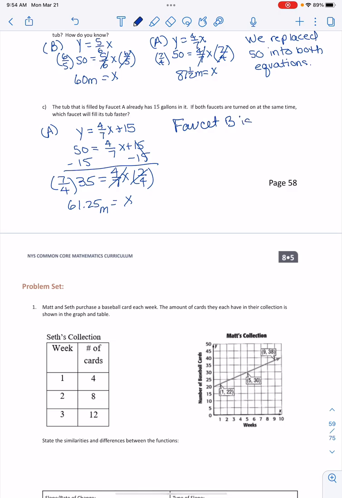Is still faster, it will fill the tub in 60 minutes. This ends lesson 8, day 2.